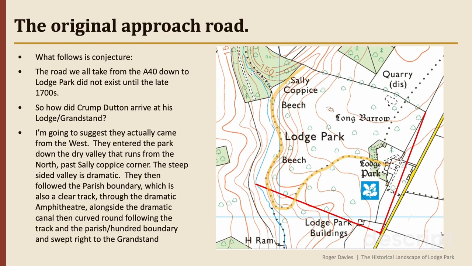That dotted line, the black dotted line, denotes both the course of a track and also the parish boundary. I think that's worthy of a thought.